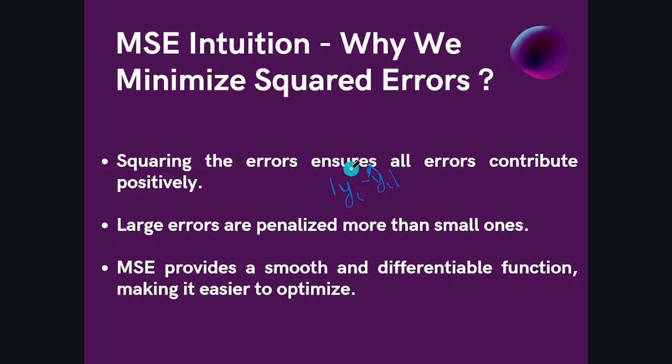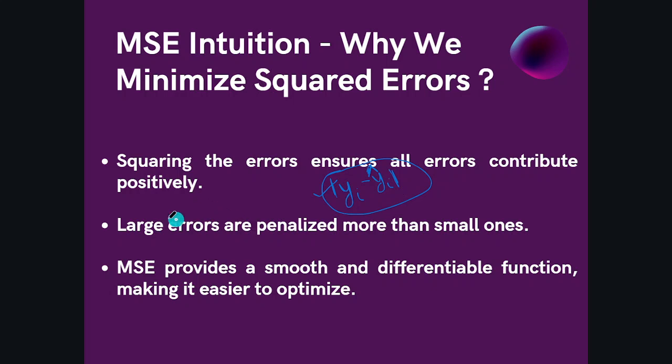Now maybe one question you will ask me: why don't you use this particular formula, the mod of yi minus yi hat, which is also positive? Then why do we have to use squared errors?